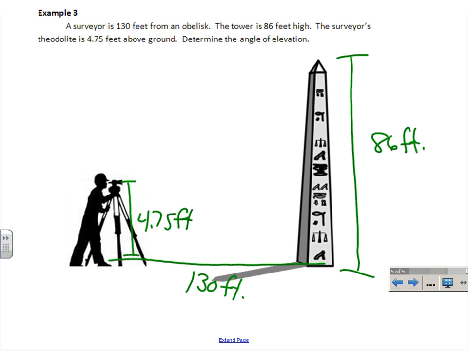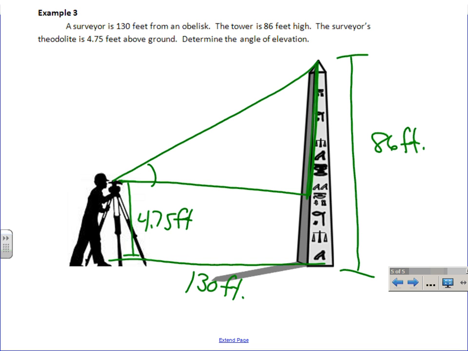It's very important. It's very easy to do that wrong. Remember, angle of elevation is the difference between looking straight ahead and looking up. That's what angle of elevation is. So that is what we are trying to determine here. Now you have to be very, very careful what you put for this side right over here of your triangle. If you put 86 for that side of your triangle, you are going to get it wrong, because that is not that tall.